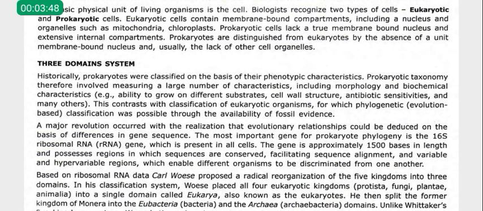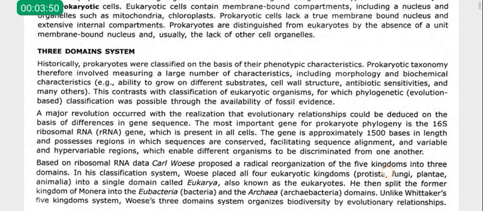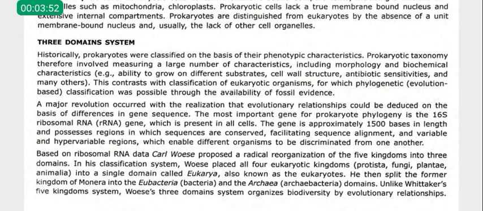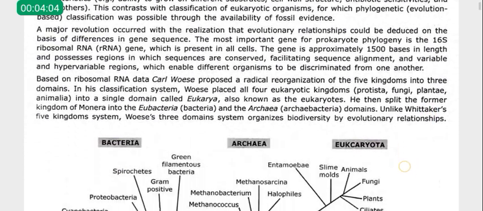He then split the former kingdom of Monera into eubacteria, bacteria, and archaebacteria domains. Unlike Whittaker's 5 kingdom system, Woese's 3 domain system organizes biodiversity by evolutionary relationships.